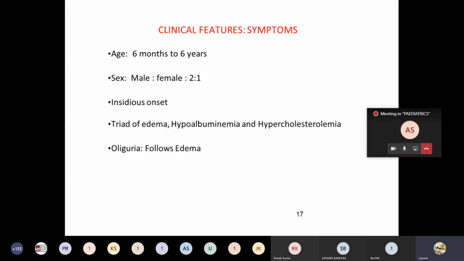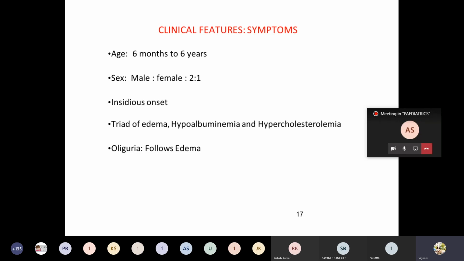Okay, so you should remember the triad. These 3 features you have to tell whenever nephrotic syndrome is there. Number 1 is progressive edema of the body, if the child complains of progressive edema. Number 2, hypoalbuminemia, which means the blood level of albumin is decreased, less than 2.5 per deciliter.